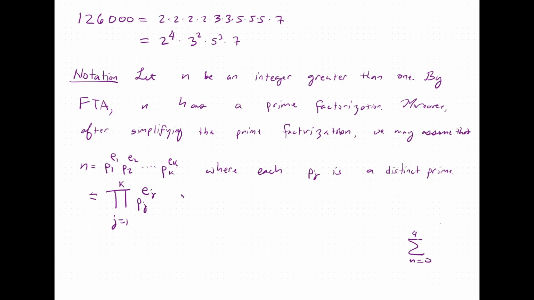This is read as the product from j equals 1 to k of p sub j to the e sub j. This is the notation that I will be using for the remainder of the lesson, as it allows us to compactify the prime factorization that the fundamental theorem of arithmetic asserts.